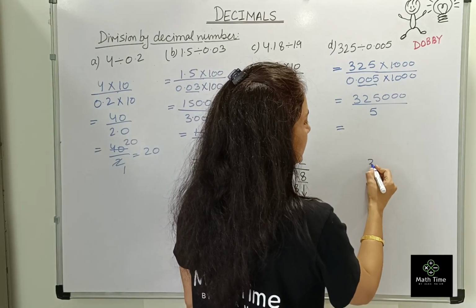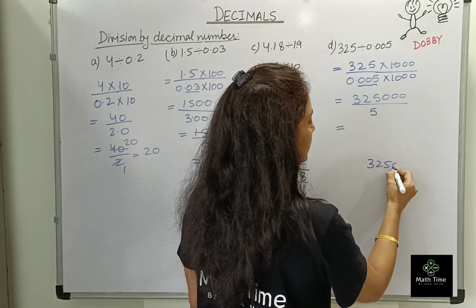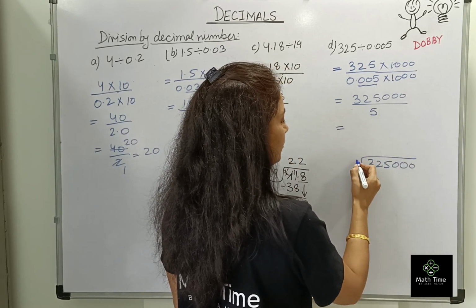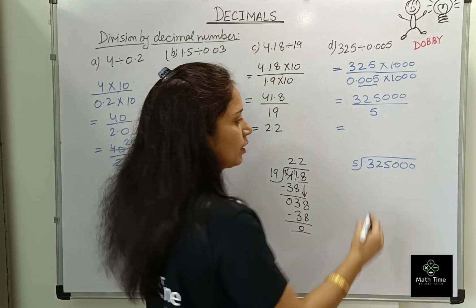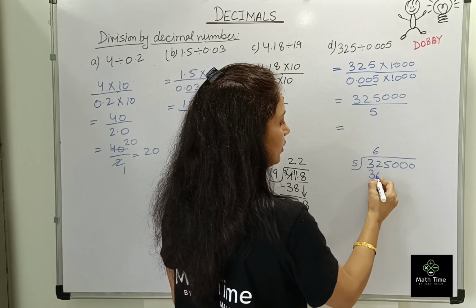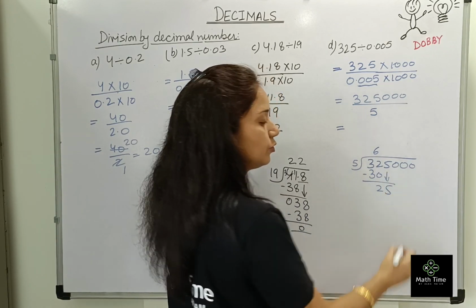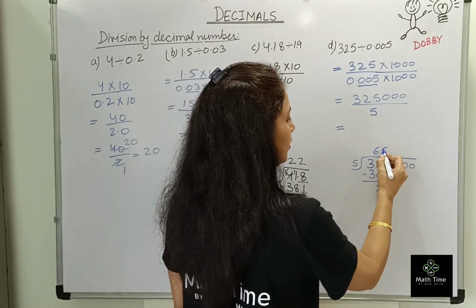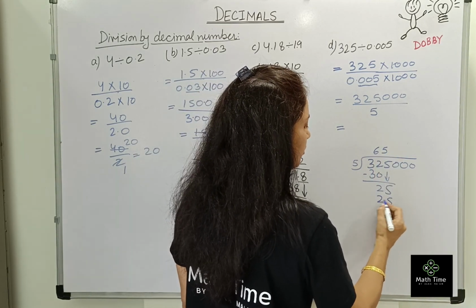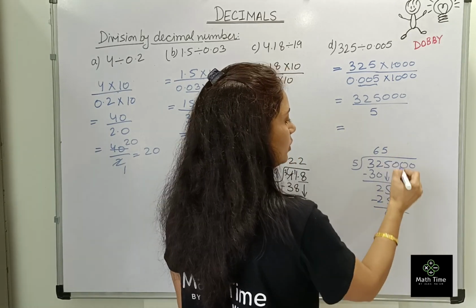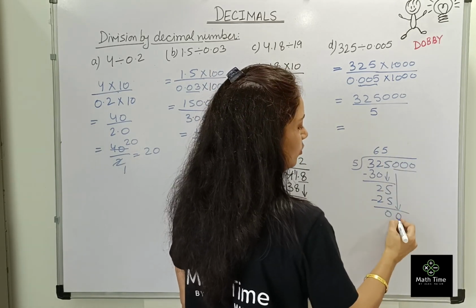Anyways, 325 with 3 zeros at the back, that means 3,25,000 divided by 5. 5 6s are 30. 2 remainder, copy 5 down, 25. 5 5s are 25. Fully divisible. Now 1 0. 3 zeros, directly you can put also.